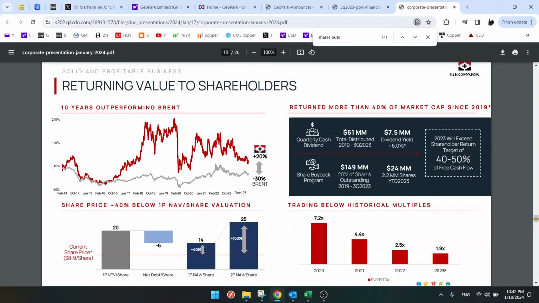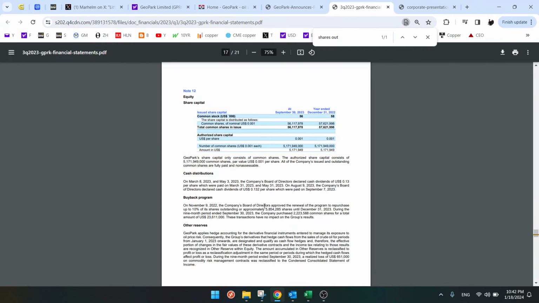This is 20% of shares outstanding times 5 is 500 million, 600 million. So this is not correct.